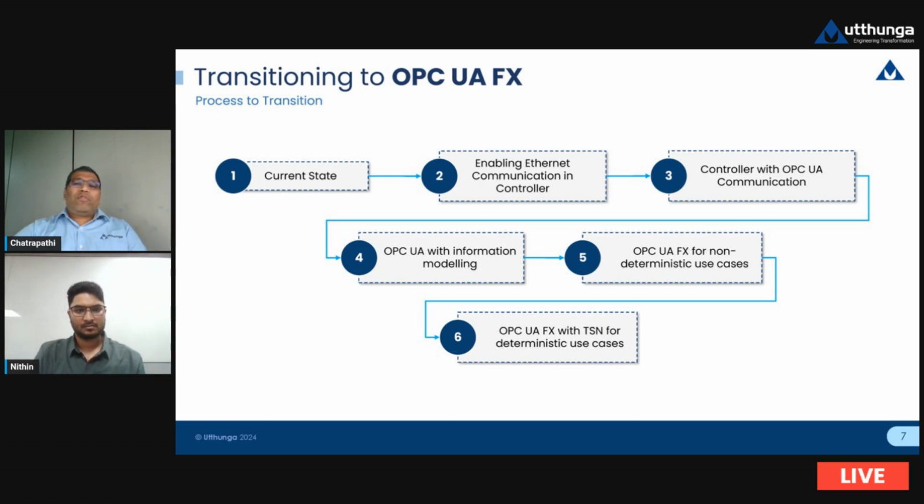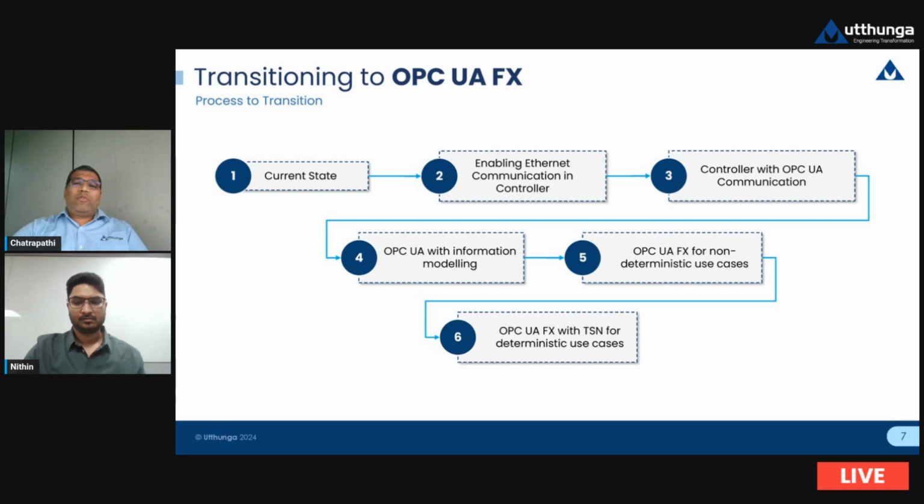And of course, these two steps only provide interoperability to a certain degree, and then going further, picking and choosing and implementing the right information model based on your application specific use cases, and then expanding that to OPC UA FX, and then on top of it, enabling TSN.